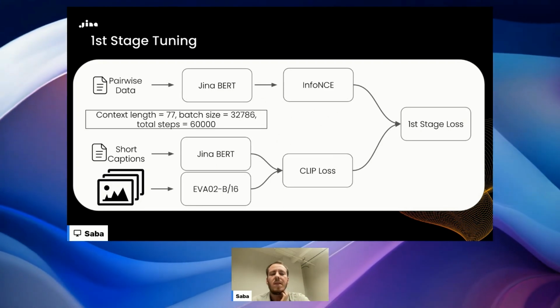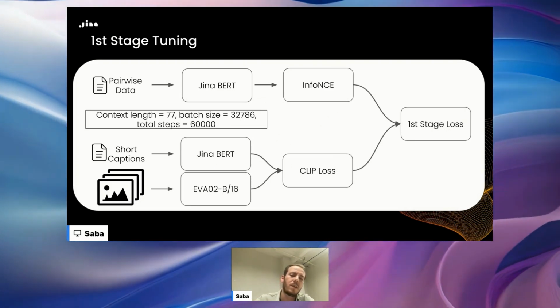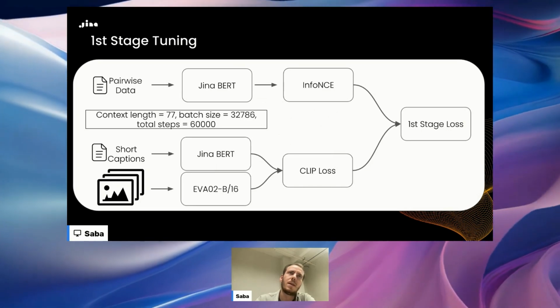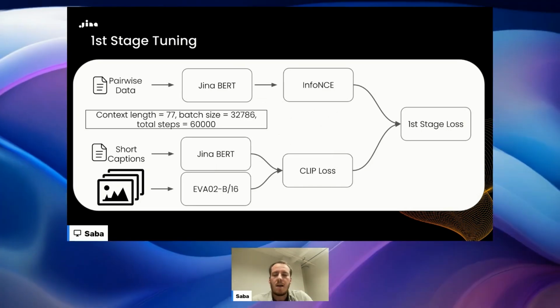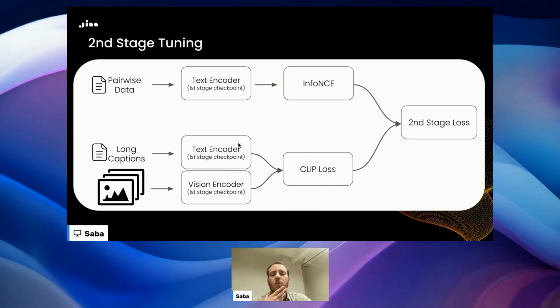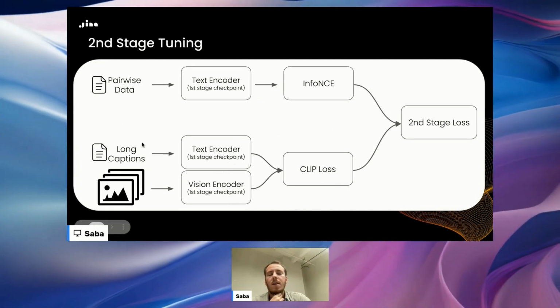This means we saw during training around 2 billion pairs of image-text and 2 billion pairs of text-to-text pairs.